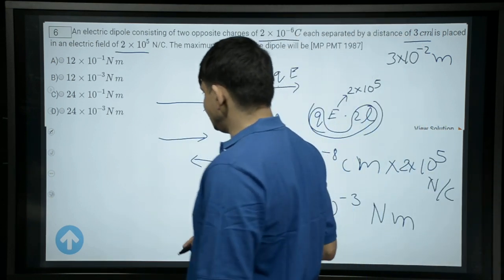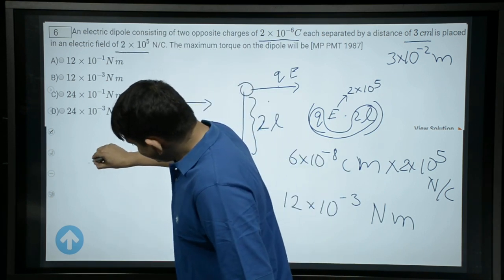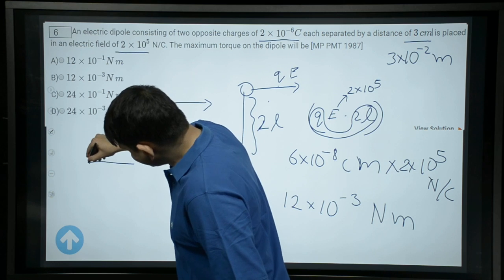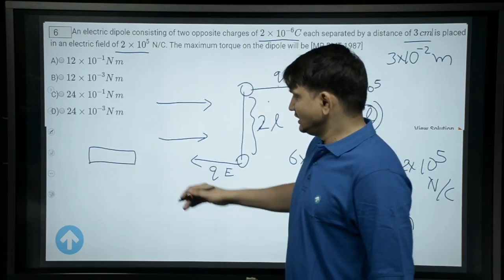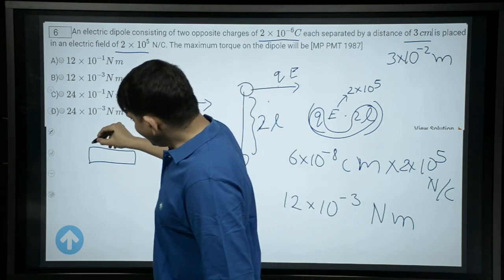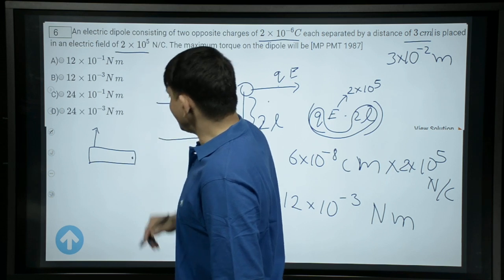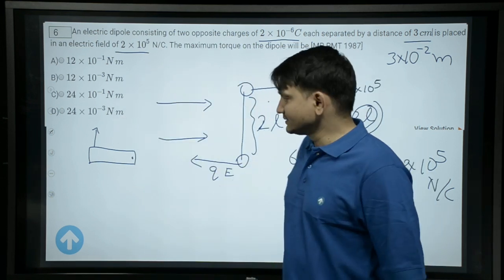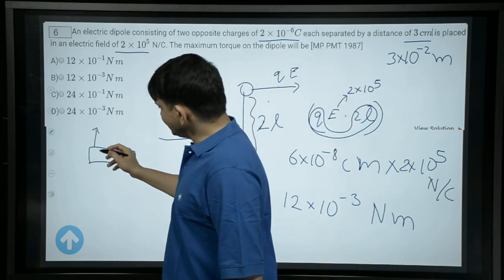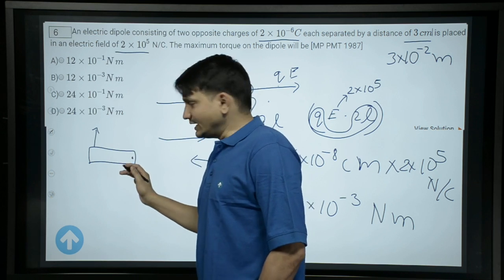So let me try to explain this thing. You have this object, say, forget for a moment that this is a dipole, just an object. If this point is pivoted, means you cannot move this part, and this end is open for exertion of force.